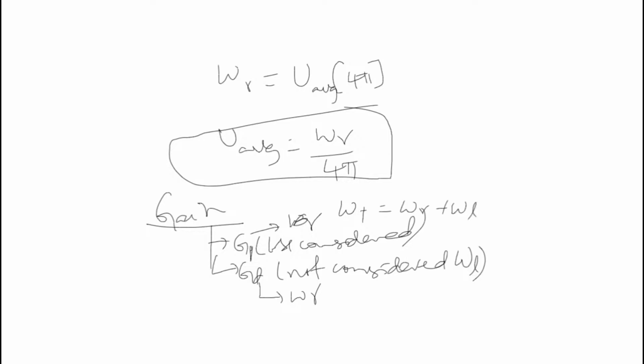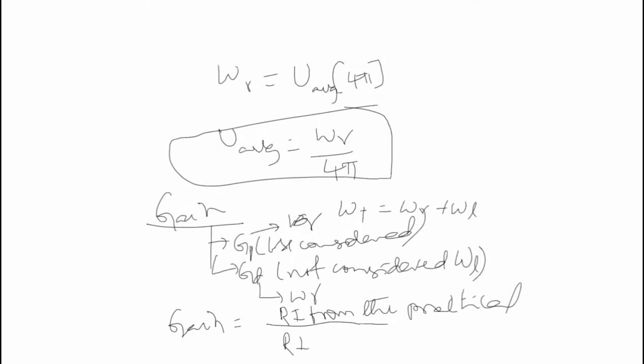First, gain. Gain is defined as the ratio of the radiation intensity from the practical antenna to the radiation intensity from the ideal or reference antenna.